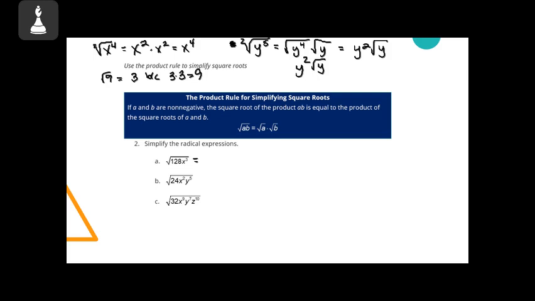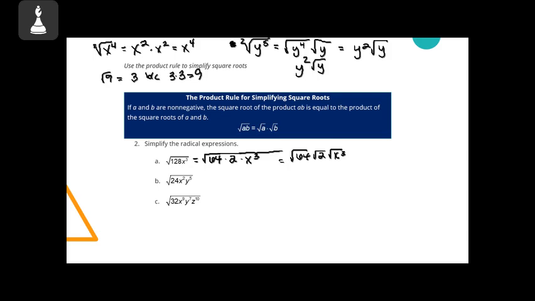So what I'm going to do is rewrite this as the square root of 64 times 2, and then times x cubed. And if you want, you can put each piece separate. So the square root of 64, the square root of 2, the square root of x cubed. And we're going to do each piece as we can. I can do the square root of 64.